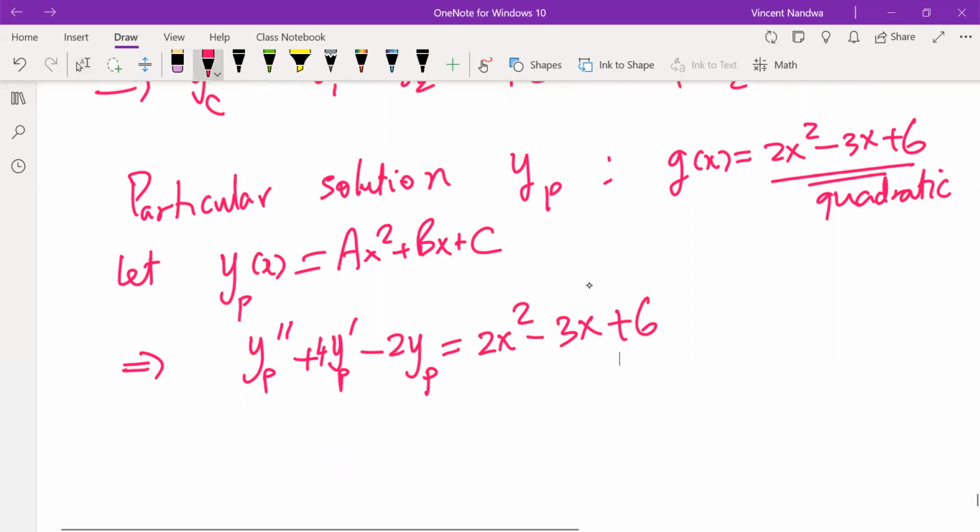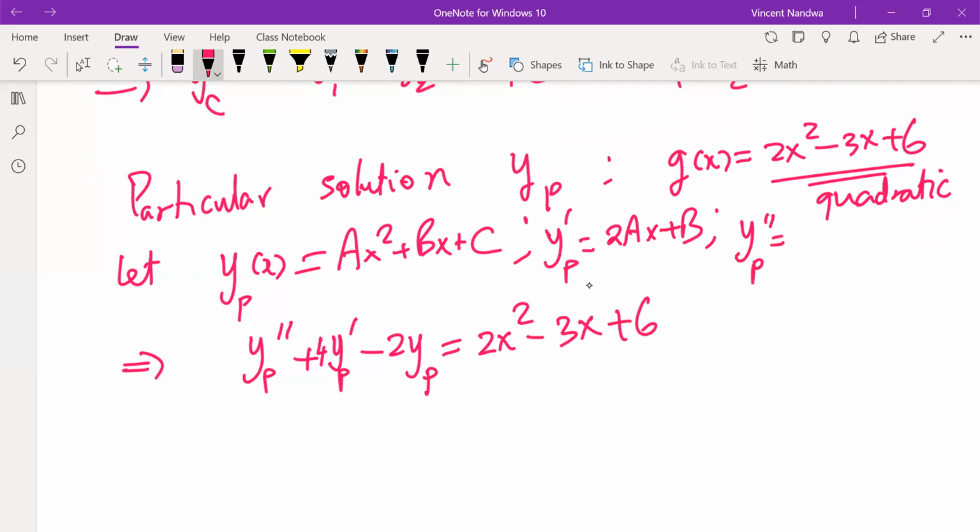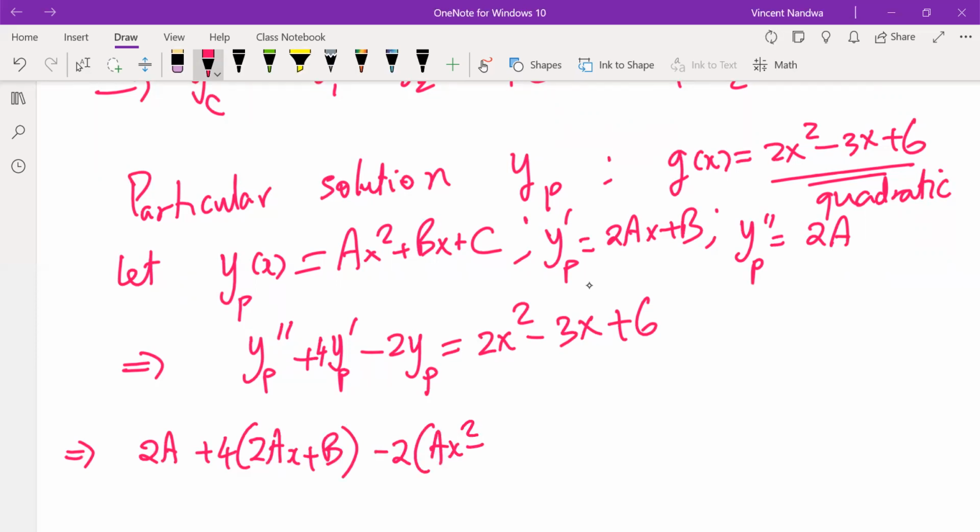Now, if this is our yp, then yp prime will be 2ax plus b, and yp double prime will be 2a. So then we replace these values in the differential equation so that we have 2a plus 4 times (2ax plus b) minus 2 times (ax squared plus bx plus c) should give us 2x squared minus 3x plus 6.